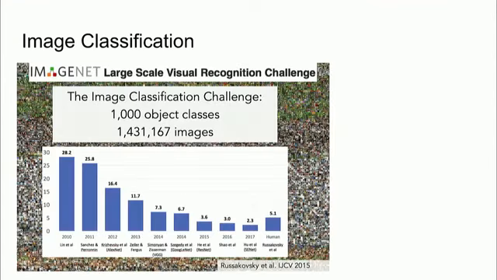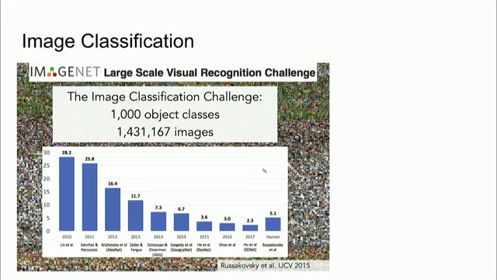We have ImageNet as a big visual recognition challenge dataset. It contains 1,000 object classes and more than 1 million images. Every year we run this challenge, and we can see the best model that achieves the optimal error rate each year.